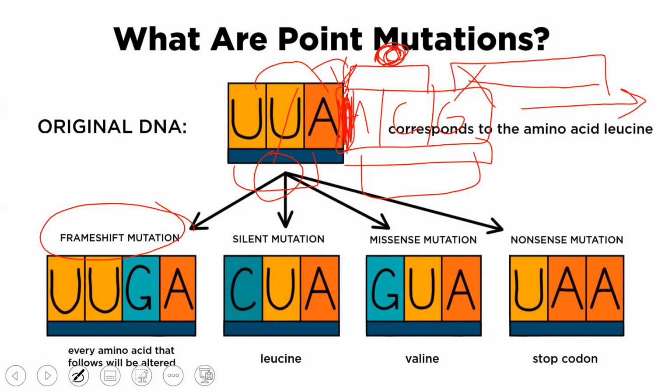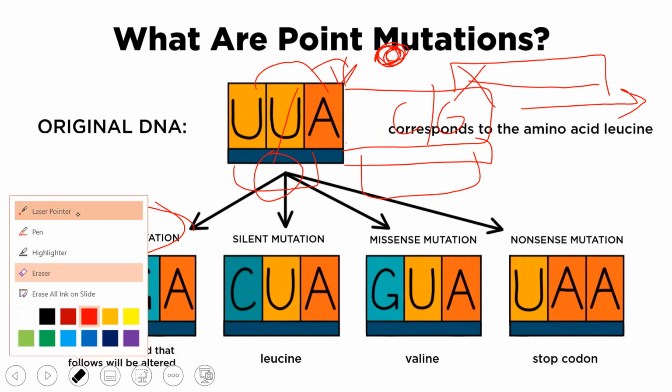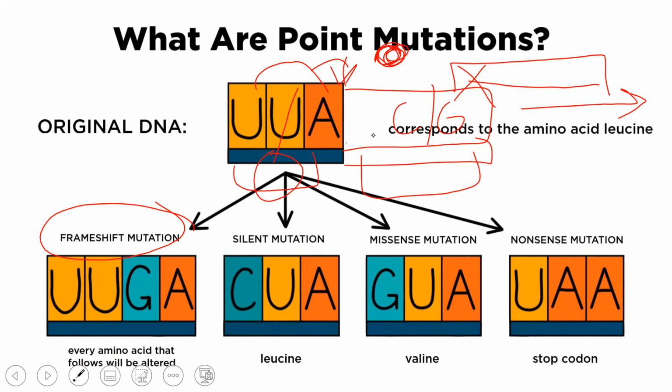Okay, wait, let me erase. So now I'm not adding anything, but I am going to remove something. We had 3 of these and 3 of these. Now I removed this one. So now my DNA or RNA is going to read U, A, and this A, right? So this sequence has again been disrupted.